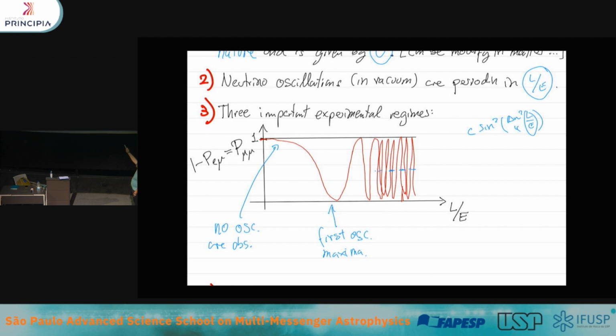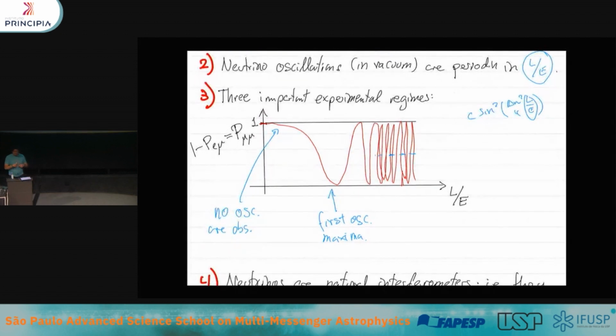So you typically don't want to put your detector too far away from your source. So most neutrino experiments want to work in positions that are either in the first or maybe the second oscillation maximum. Okay? If you have, in principle, an infinitely strong neutrino source, you could be anywhere you want.